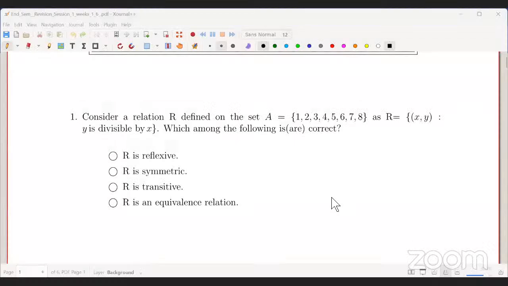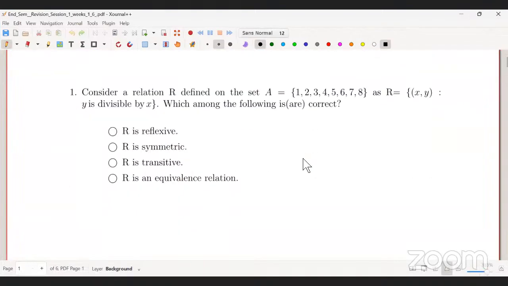Okay, so basically I'll solve a few questions which are important from your exam point of view. The first one is that you have a relation defined on this set A, where A is 1 to 8.